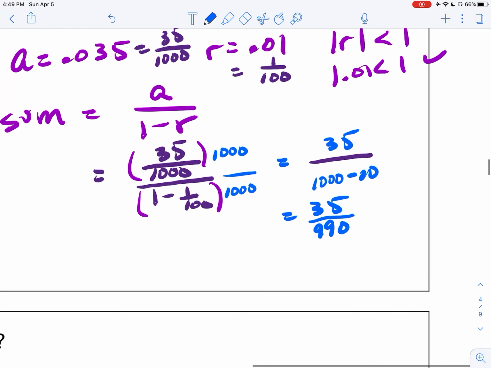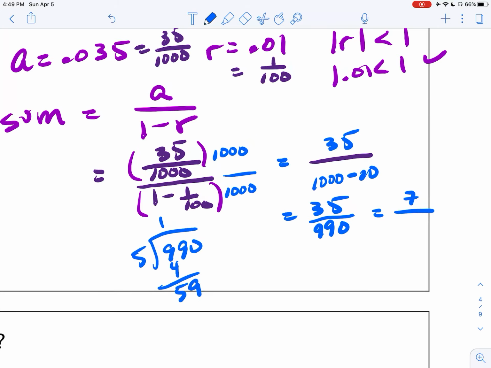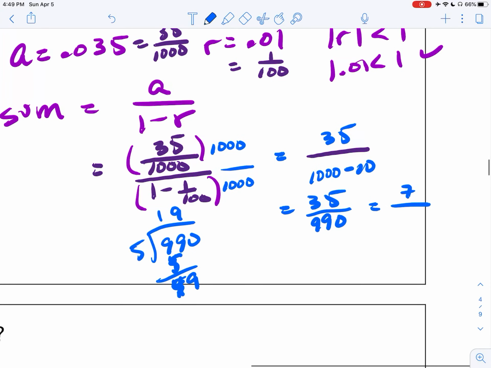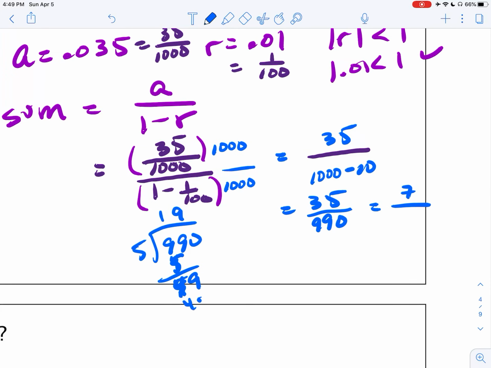And if I simplify that, what do I get? What does 990 going into 5 equal? I get 7 over 198.